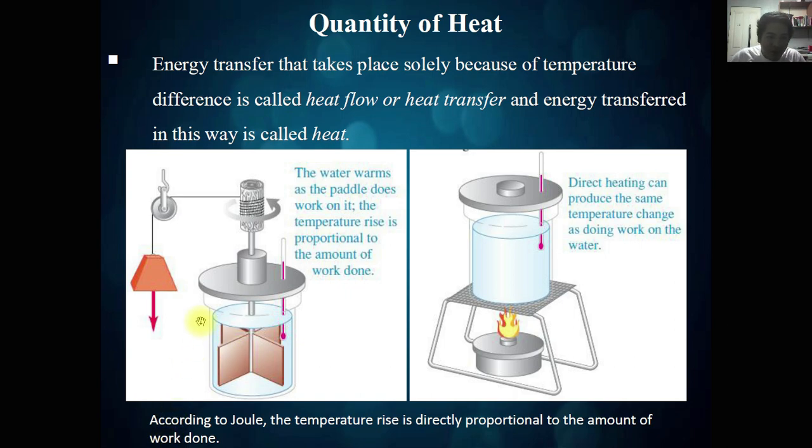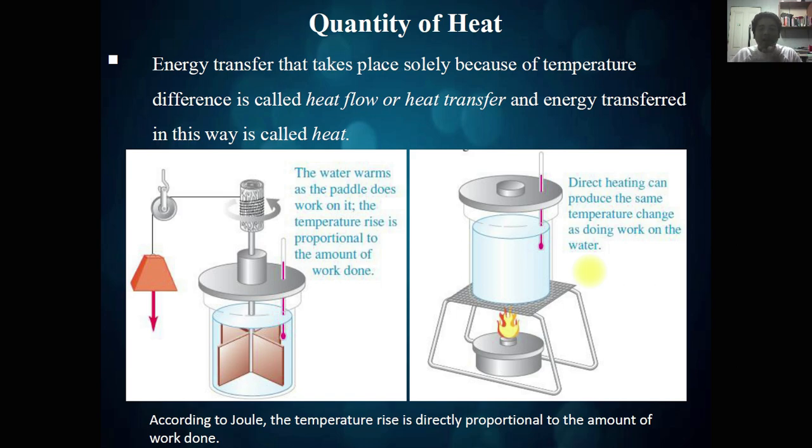So we can warm up water by using this paddle by applying work in this water, but direct heating can also produce the same temperature change as doing work on the water. So as you can see, we have an application of this in our homes whenever we have to boil some water, okay? And we have observed that the greater the fire or the heat, the intensity of the heat, the shorter the time for the water for its temperature to rise.